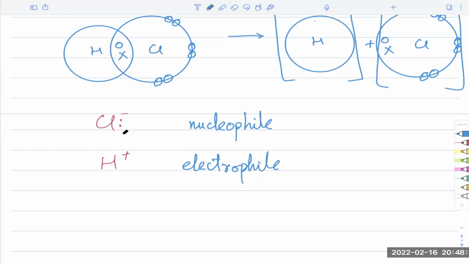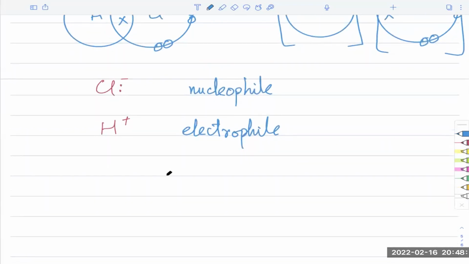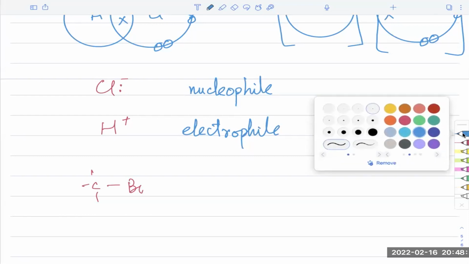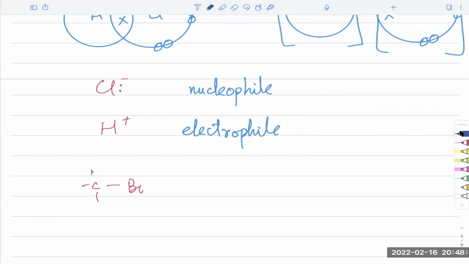Now, if that electrophile has a carbon there, for example, let's say there's a bond between this carbon and bromine, and I do heterolytic fission on this. So now for some reason, this breaks in this way. Both the electrons are given to bromine.